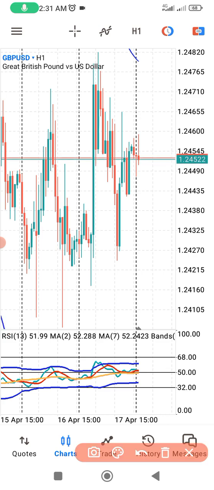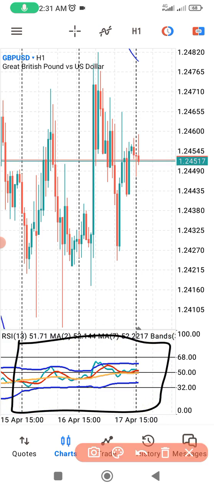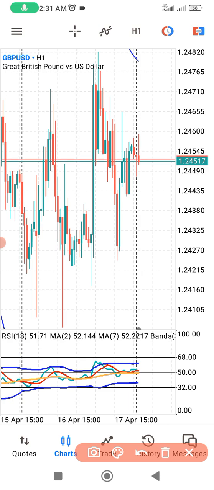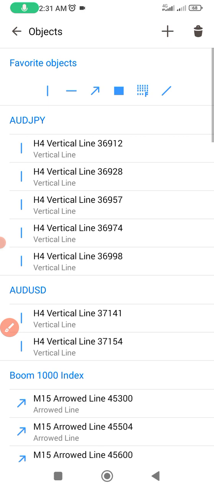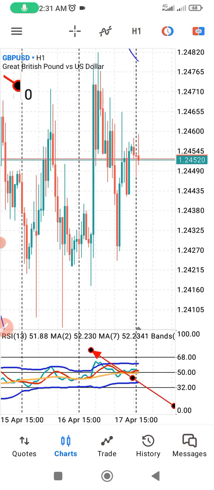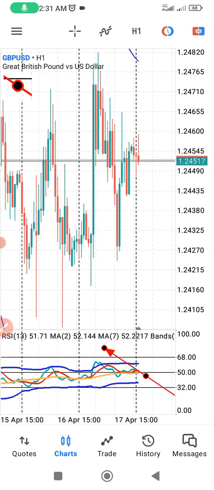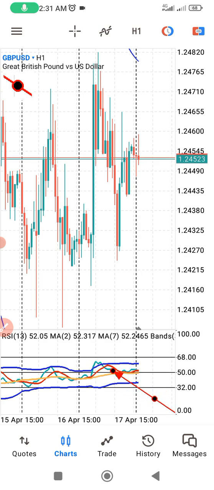Now, on our indicator window, what we have here is the Traders Dynamics Index, and the TDI comprises of several indicators put together. We have the blue line, which is our Bollinger Band, which helps us to identify the market volatility. We have the green line, which is our price line, and this moves in line with the price action of the main chart.